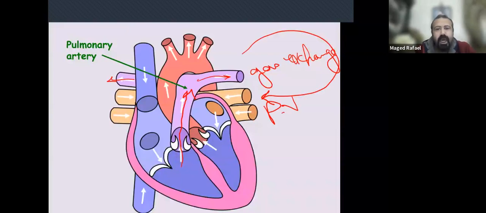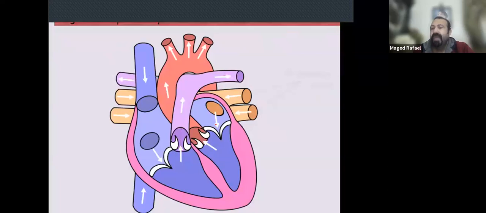So the pulmonary artery sends deoxygenated blood to the lungs, and the pulmonary vein delivers the oxygenated blood after gas exchange to the heart again.